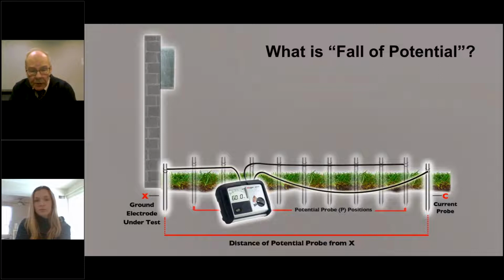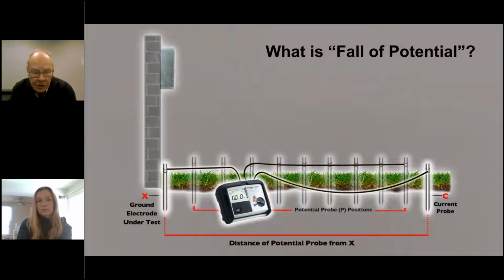And then you're going to take your potential terminal, and this doesn't represent a dozen different rods. What it represents is one rod, moved to a number of locations a selected distance apart. They might be 10 feet apart or 15 feet. The operator pretty much decides that for himself.